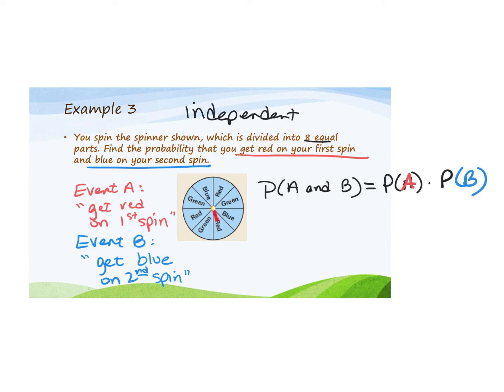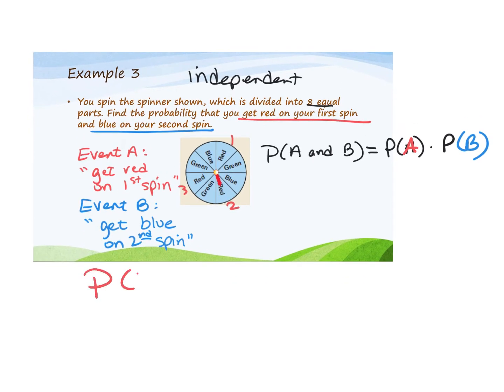So again, you can see that there are 8 sections. Let me count how many of the sections are red. I have 1, 2, 3 sections that are red, so my probability of event A occurring is 3 over 8. For event B, I count how many blue sections I have.